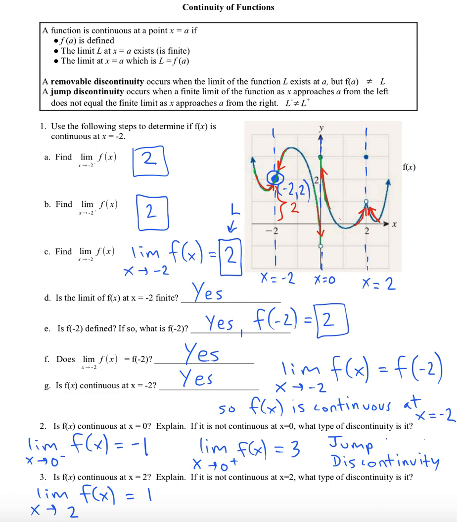But what's the problem here? The output of the function at 2 doesn't equal 1. It equals 3. Since those two don't match, that's an example of a discontinuity.